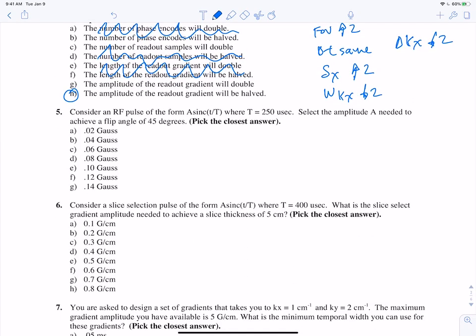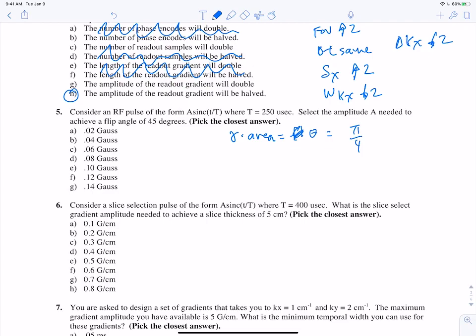Consider an RF pulse of the form A sinc t over t, where t equals 250 microseconds. Select the amplitude A needed to achieve a flip angle of 45 degrees. Okay. So we know in general that gamma times the area is equal to flip angle, right? Let's call that theta. And in this case, that's equal to pi over 4, right?